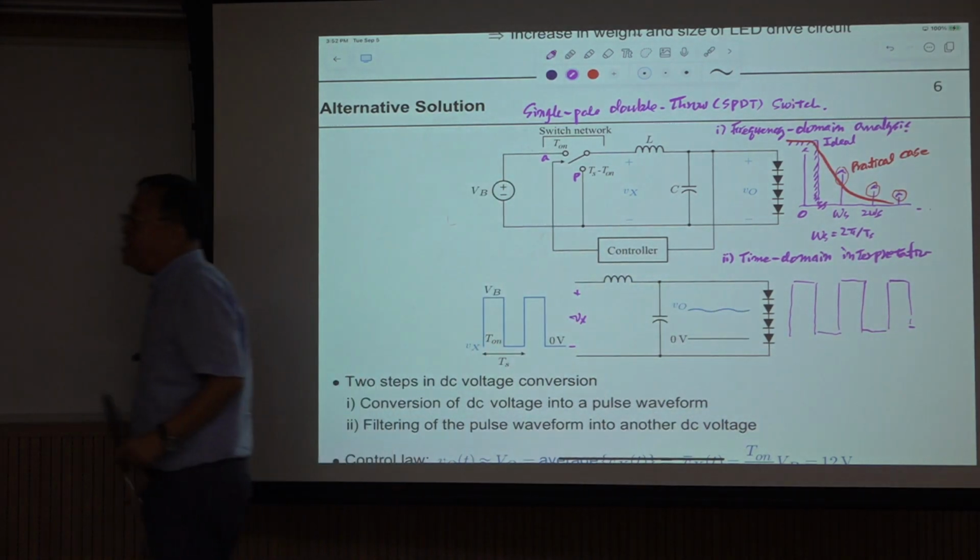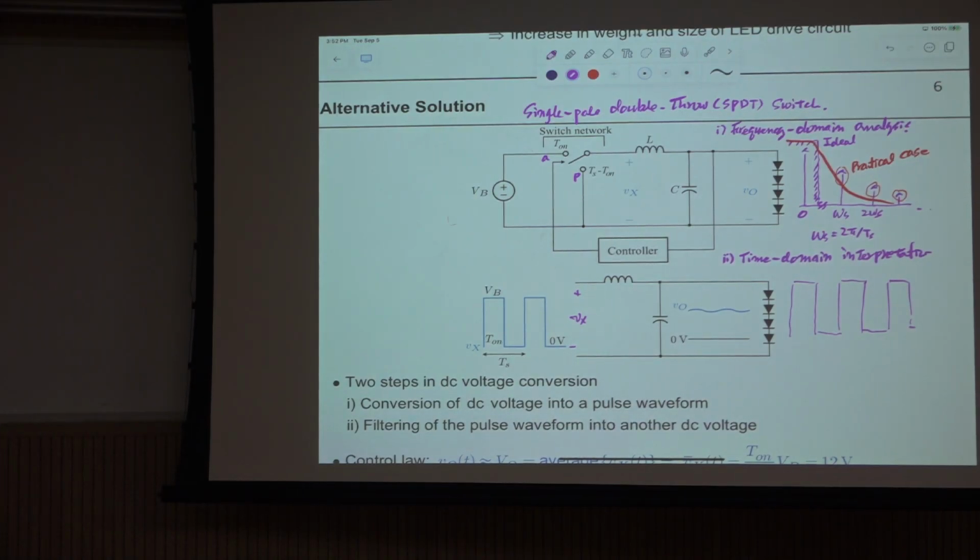For the ideal case, this average DC value will immediately appear as the output voltage.